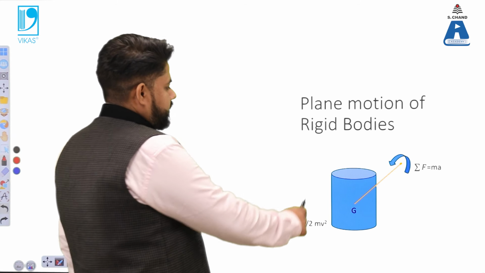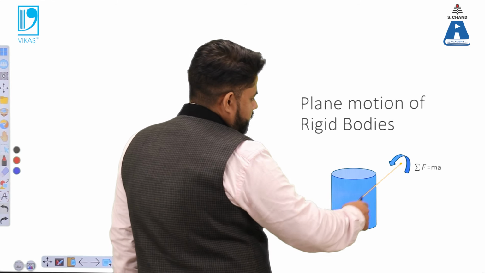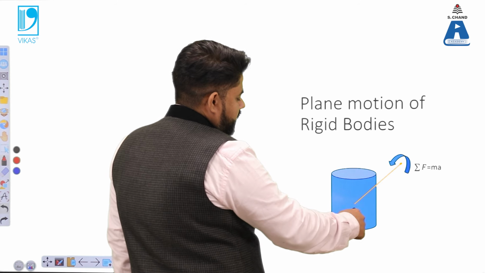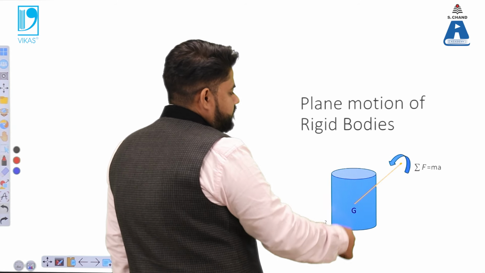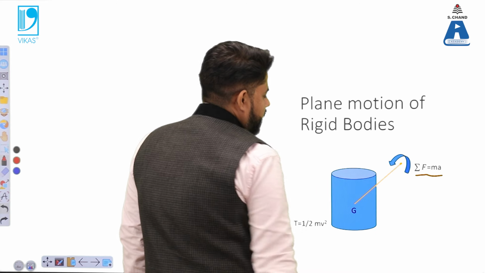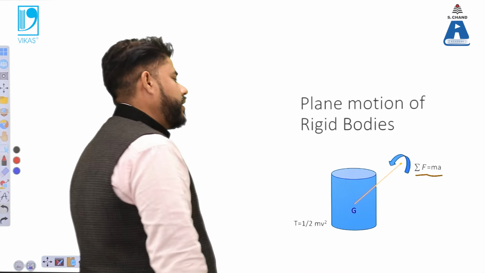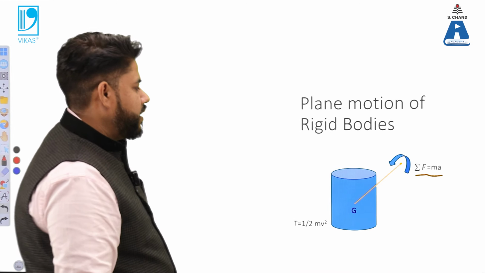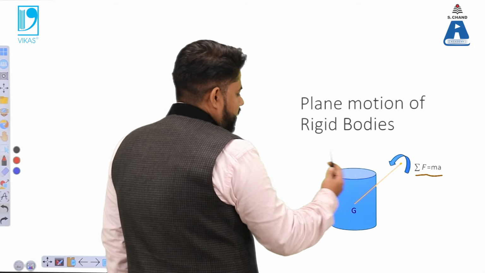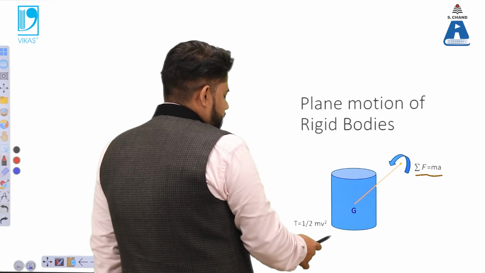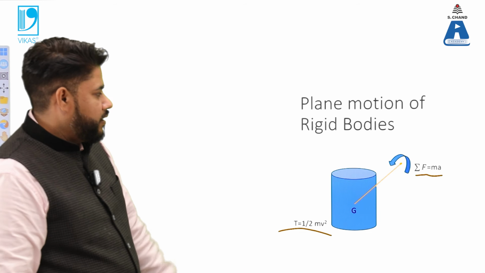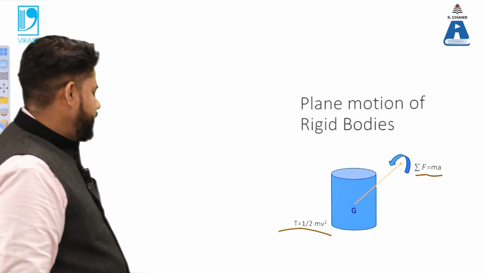So this is, let's say, the object, and this object is having this center of gravity, which is, let's say, a point G, and it has sum of all the forces acting, and that can be denoted by the formula, which is mass into acceleration. And when this body is rotating about its axis, it may have this total value of this energy, which is half mv square.